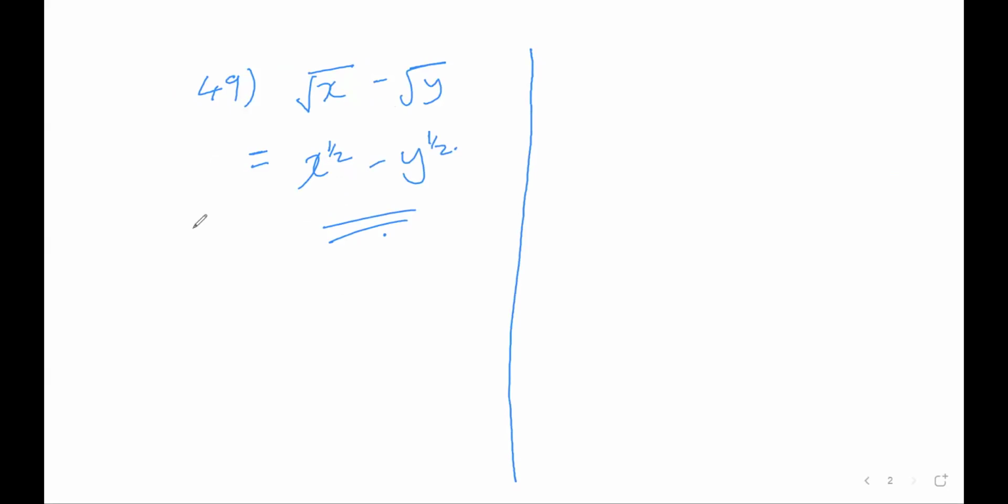Now let's move over to rewriting the exponential forms as radicals. Given exponential forms of expressions, write them as their corresponding radical forms. The first one given to us is number 53, which says a plus b minus c, all to the power 2/3.